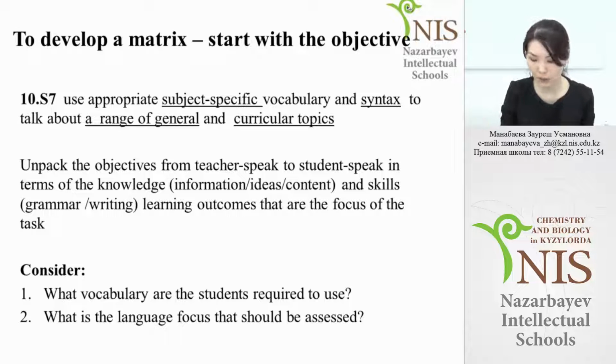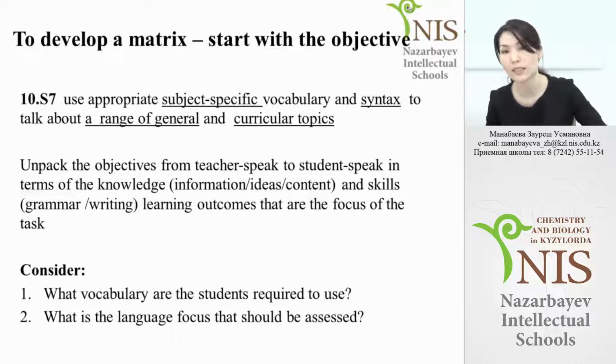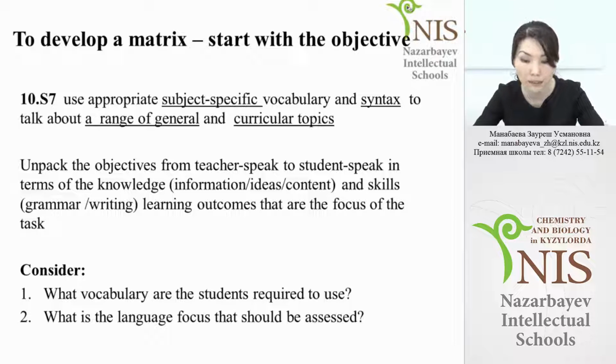Here I'm going to talk about the matrix that makes explicit a range of assessment criteria and expected performance standards. Assessors evaluate a student's performance against all of these rather than assigning a single subjective score.